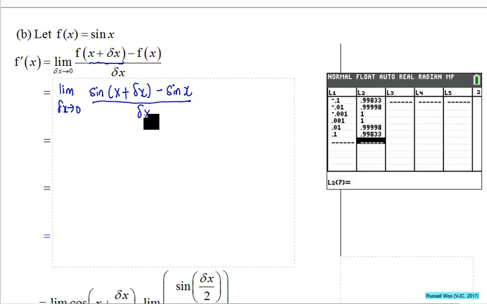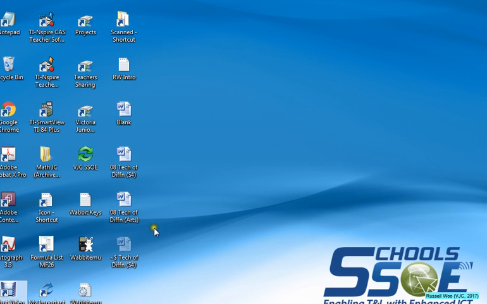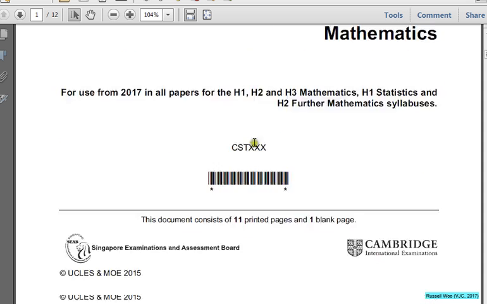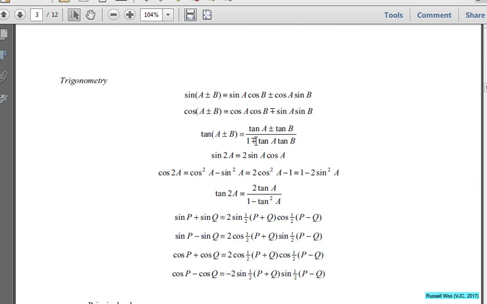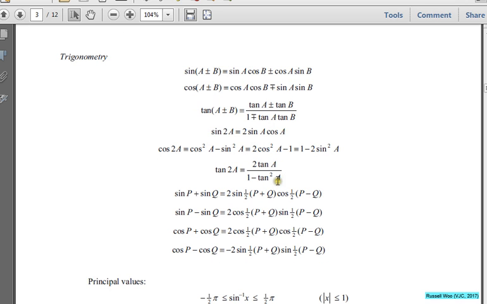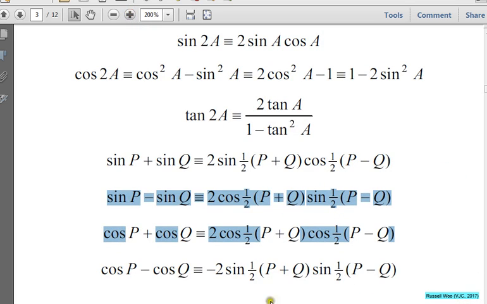Okay? Now at this point, what do we do to simplify? I will have to bring up our MF26. Where is my MF26? Now, there is this formula here. Let me zoom in a little bit. Sine P minus sine Q is this.